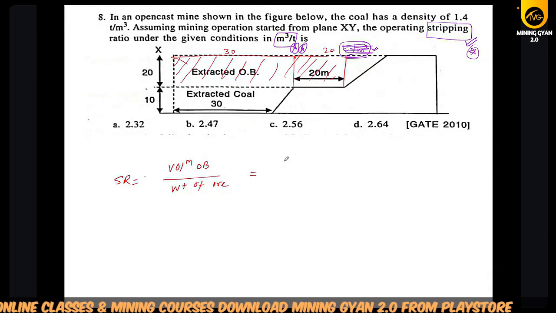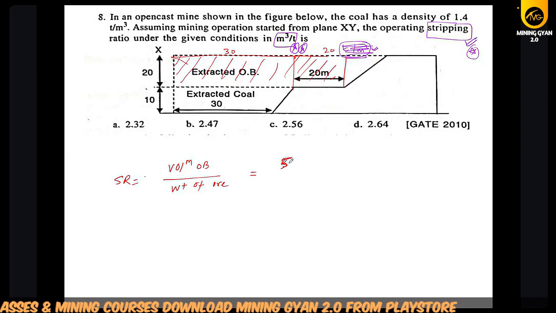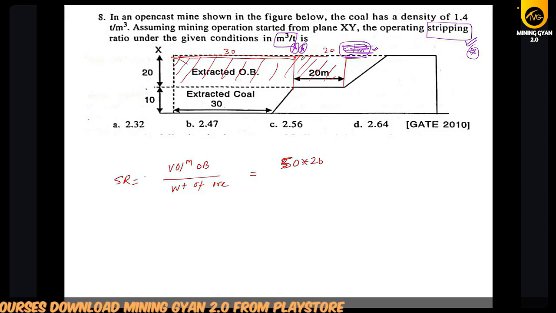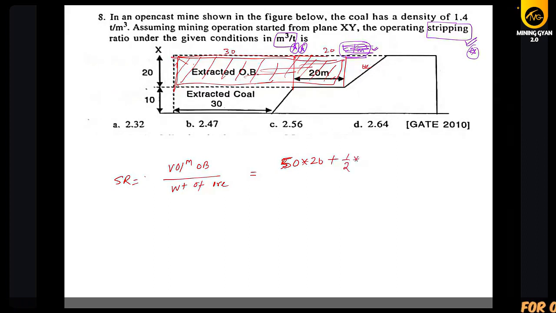So the area will be 50 multiplied by 20. So this is 50, this is 20. So we will find out the area up to this, and we have to calculate this area also. So plus 1 by 2, if this is 20, this will also be 20.